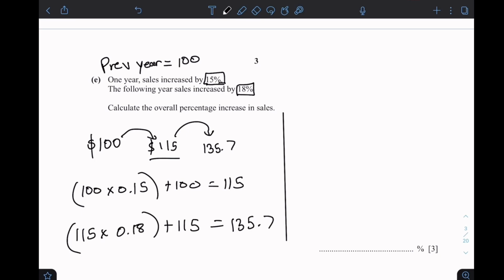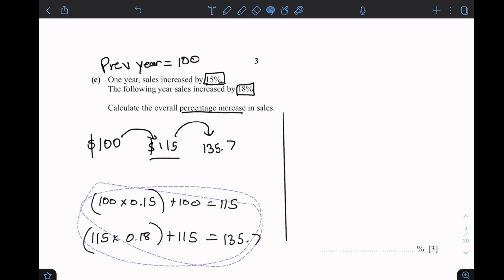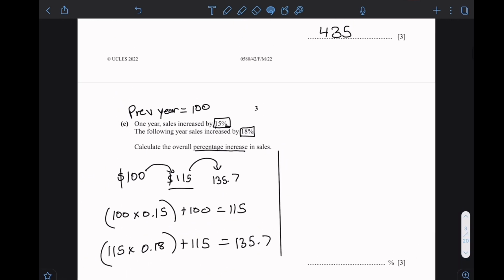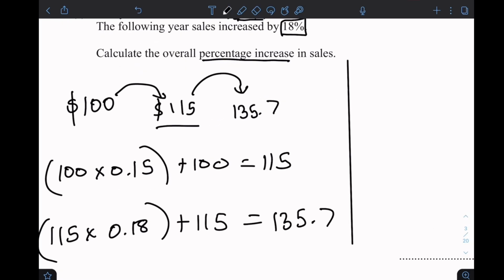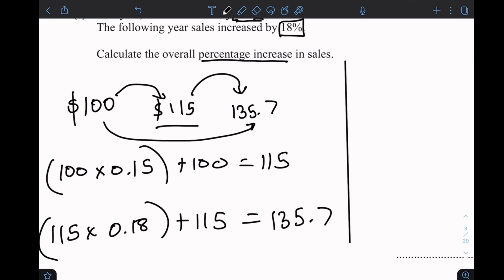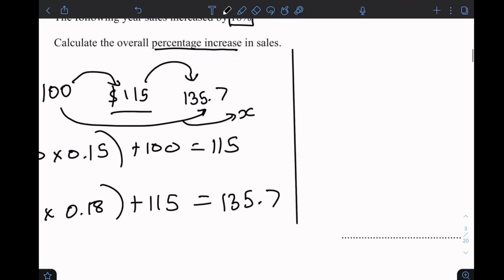So they're asking for the overall percentage increase in sales. What is the percentage increase from 100 to 135.7?